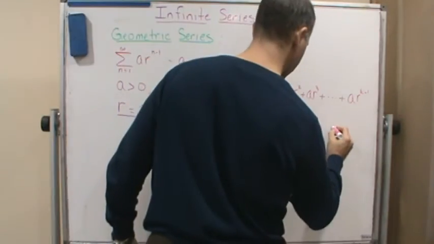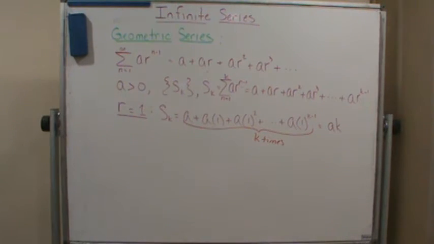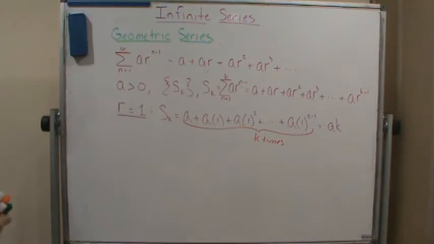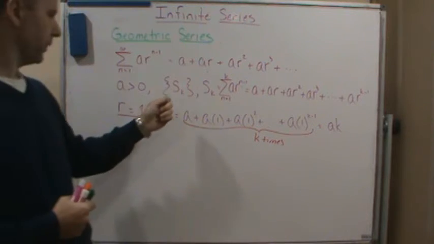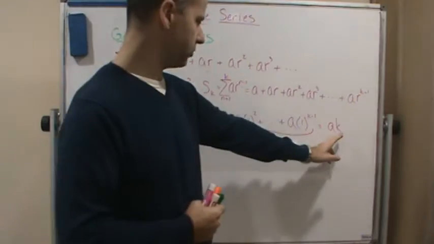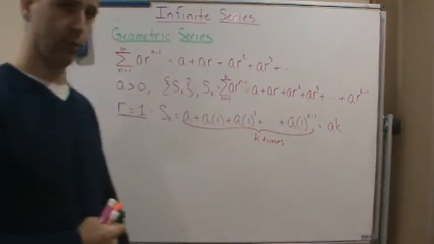So we get A times K. So the partial sum, when R is equal to 1, becomes A times K, which is divergent, right? The sequence diverges because, as K goes to infinity, the partial sum goes off to infinity.